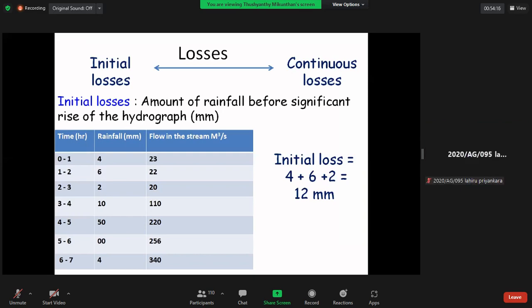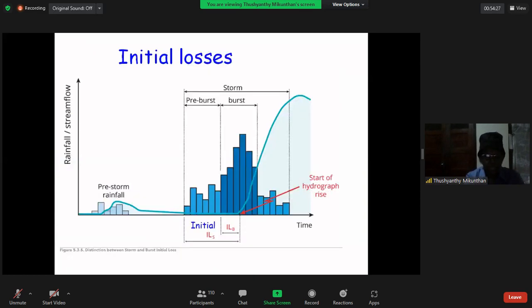Draw this graph while you are defining: rainfall data plus flow data. The amount of rainfall before significant rise of the hydrograph, something like up to now.